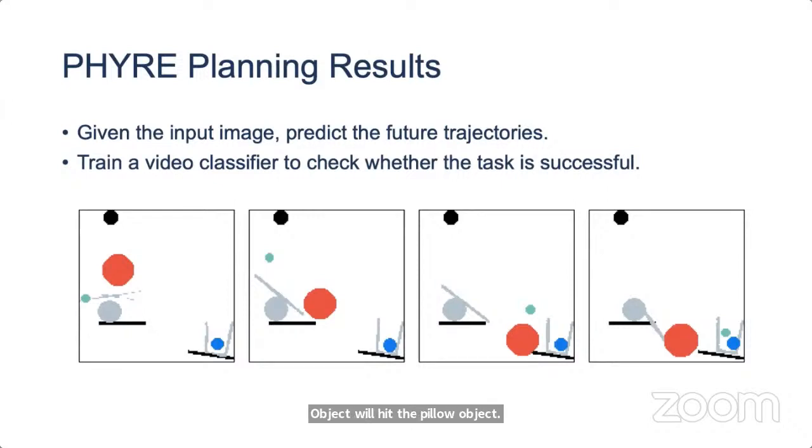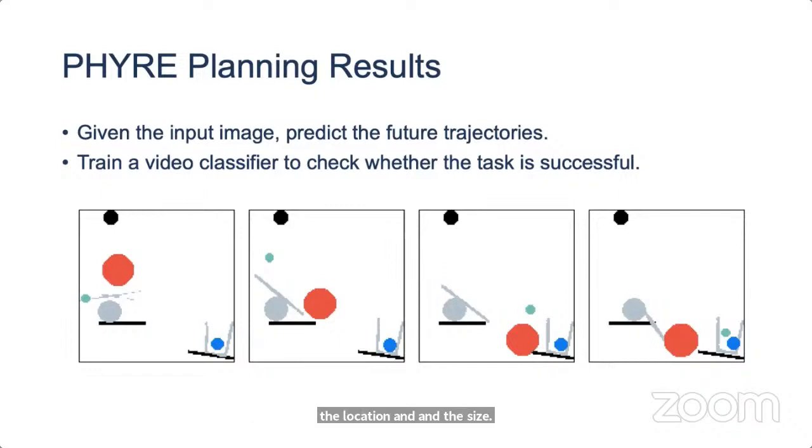In planning, what we do here is enumerate all kinds of possibilities of the initial location and size of the red ball. Then we use our predictive model to predict the future. This generates multiple different videos given different initial ball locations and sizes.